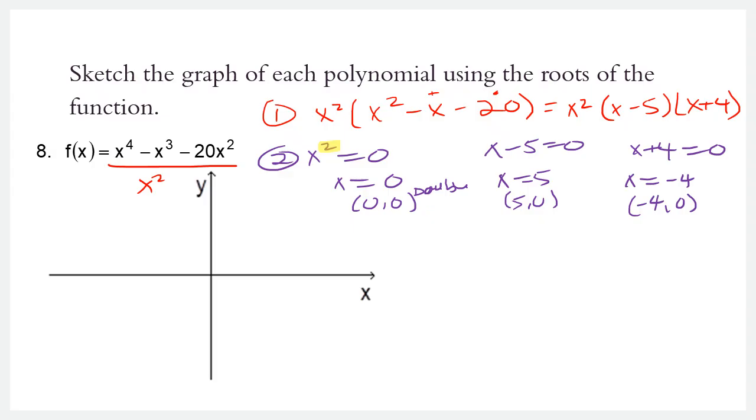The next thing we are supposed to do is our y-intercept. But our y-intercept is f of 0, and it's going to equal 0. And the reason why it equals 0 is because we already know that it goes through 0, 0. All right, next is our degree. So going back to the original, we're looking at our leading term, our degree, and our leading coefficient.